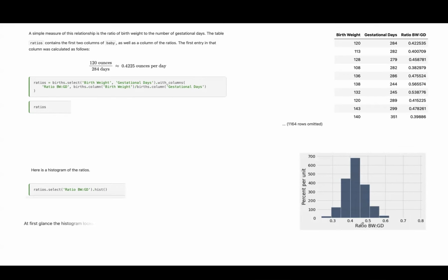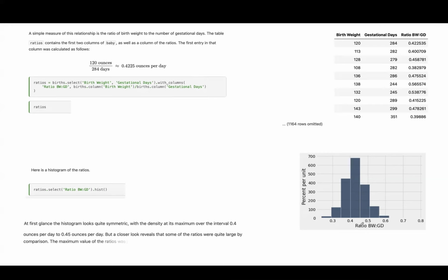At first glance, the histogram looks quite symmetric, with the density at its maximum over the interval of 40% per day to 45% per day, but a closer look reveals that some of the ratios were quite large by comparison. The maximum value of the ratio was just over 78%, almost double the typical value.